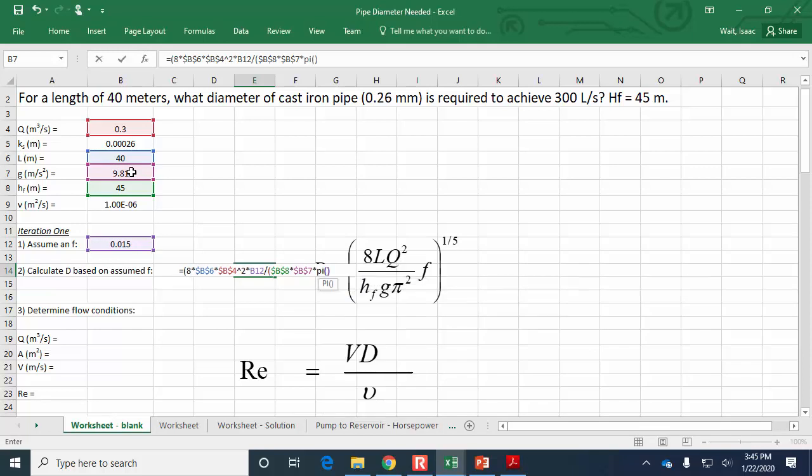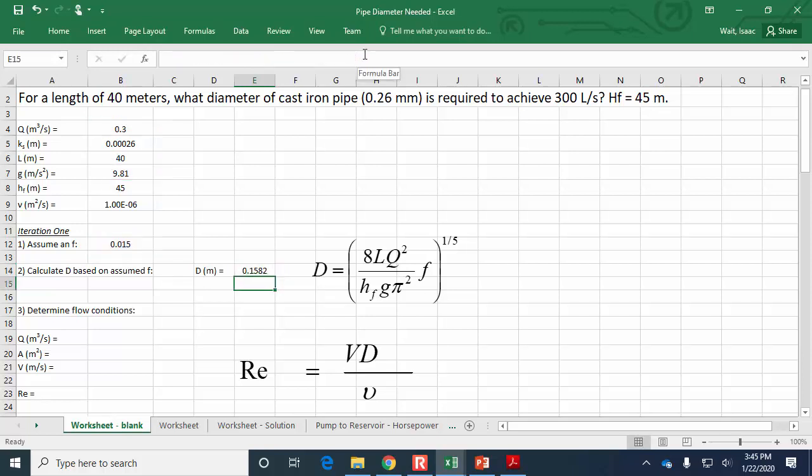Okay. And then all of that is to the power of 1 divided by 5. I think I may need even an extra set of parentheses there. Let's see. Yeah, all right. Now I've got it. So this is the diameter that would be required if this is how rough it was.